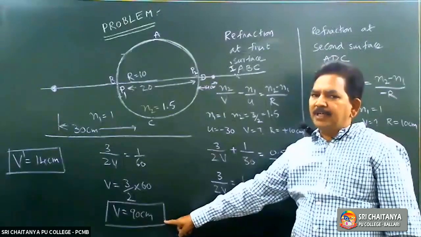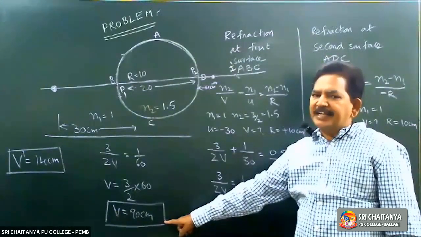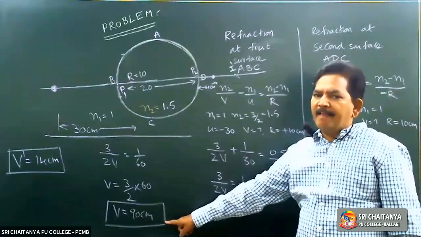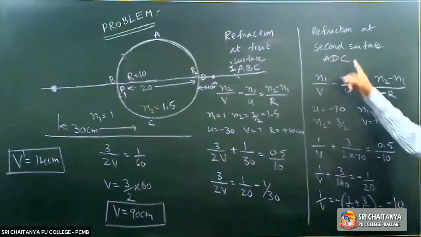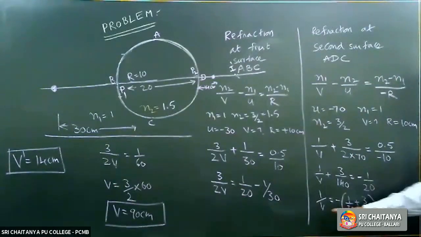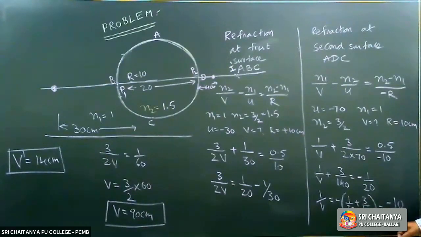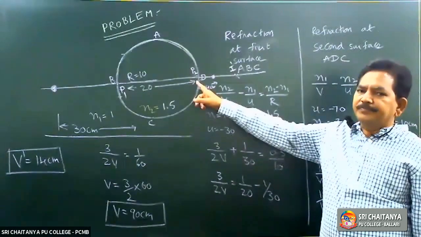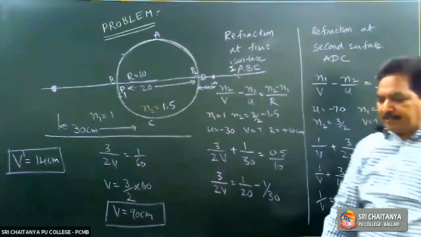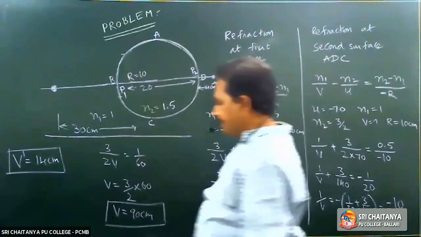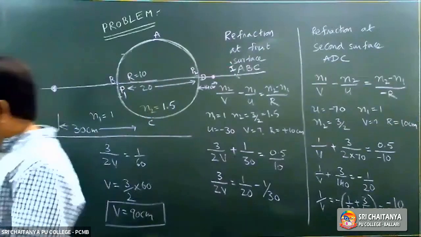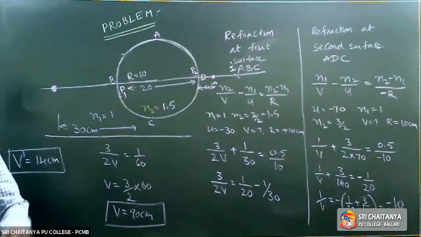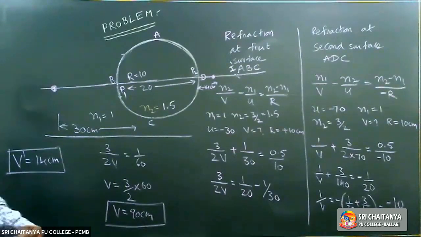This will become object for the second surface. Then we calculated the final image. The final image will be at a distance of 14 centimeters from the second pole. So this is one problem on refraction at spherical surface.